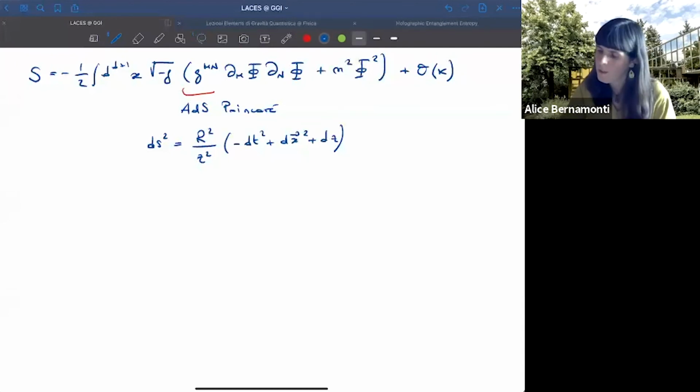And so what we want to do now is to quantize this free theory in this curved AdS background. So the first thing to do is clearly to solve the equations of motion.